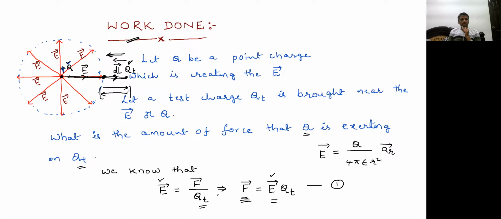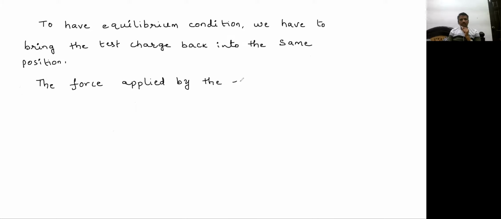So we simply need to write that the force applied by the external source is equal and opposite to the force applied by the electric field, let's say E. That force applied by the external source is denoted by FA.